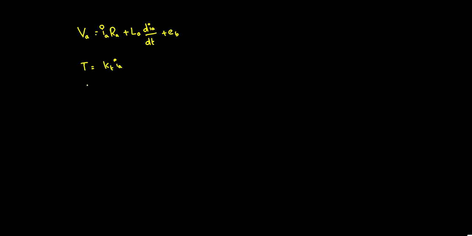That torque can also be represented as T equal to J d omega by dt plus B omega, and the back EMF EB is equal to KB into omega, where omega is equal to d theta by dt. This is the entire system we want to represent in the form of a block diagram. Let us take it step by step.